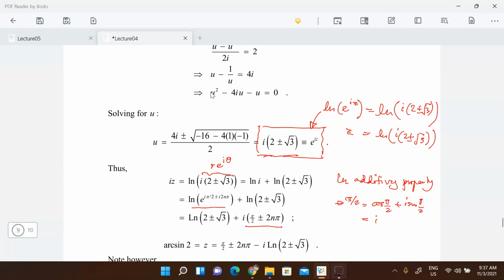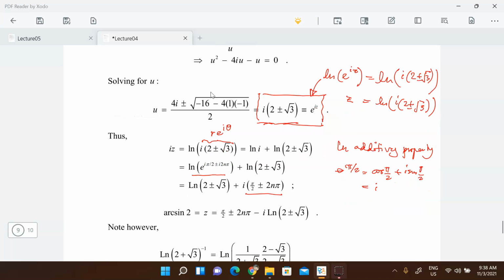Now what's left is to evaluate what this is. This is essentially a real log, so you know how to do that. I could just simply find out what this number is and then take the log of that. But remember, there are two different values inside this real log.